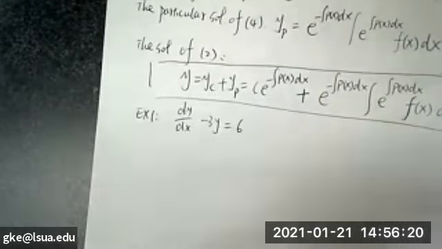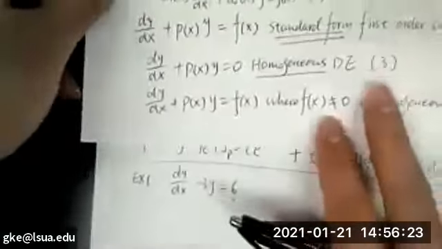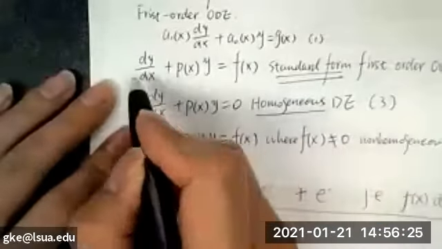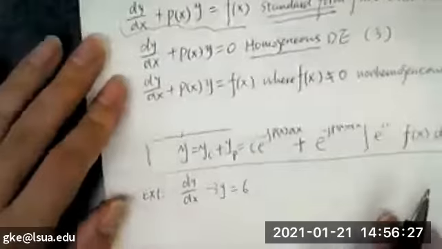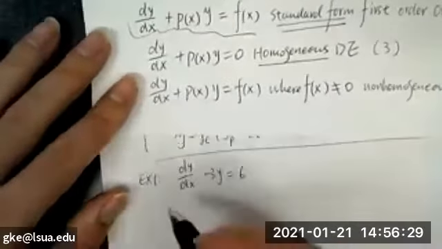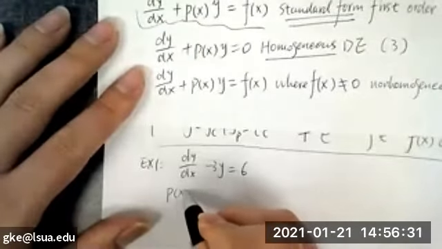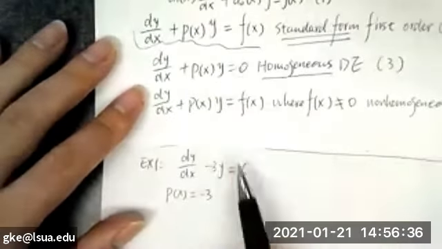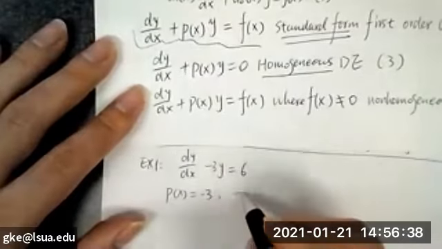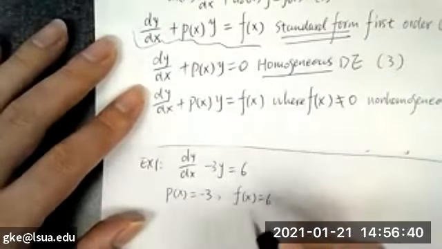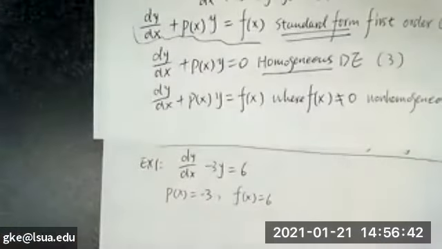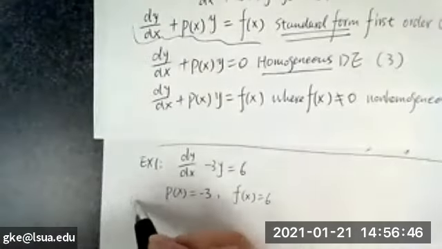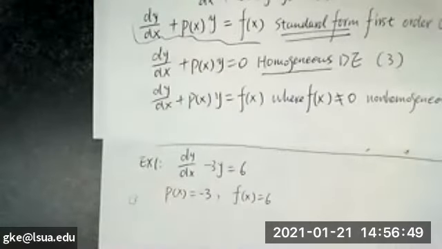Oh yeah, I put it here. So standard form, you need to be careful. It's this guy, right? So we can see the px equals -3, and the fx is 6. Follow the standard form, find out the px and the fx. That's the first step.